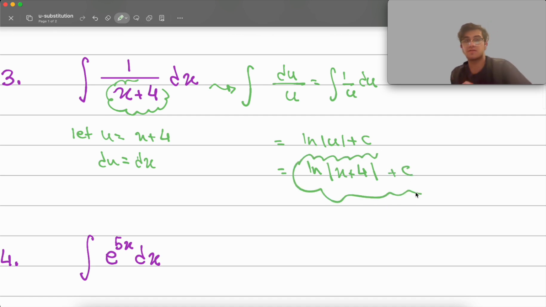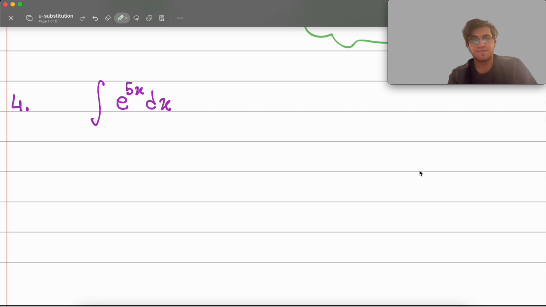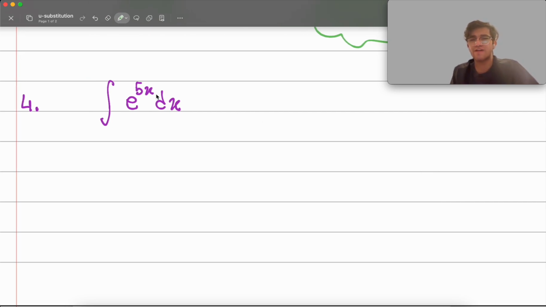This is the answer. Now right here, the thing that bothers me is 5x. I know the integral of e to the x, but I don't know e to the 5x for now. I can rewrite 5x as u. So I can say let u be 5x and du is 5 dx. I have dx right here, but I don't have the 5.